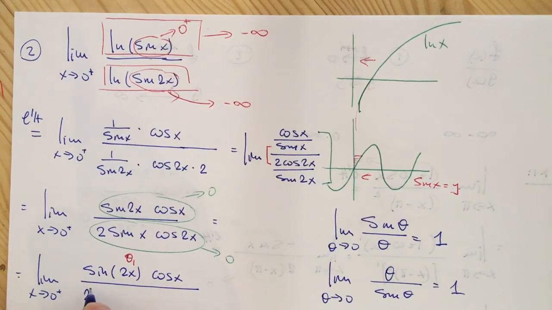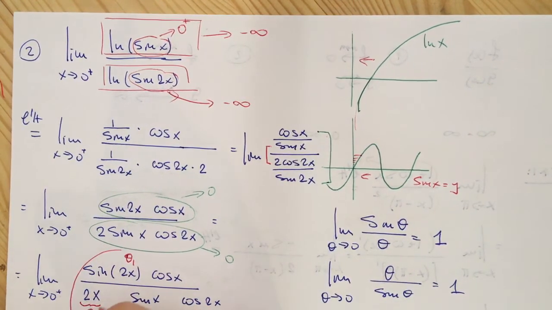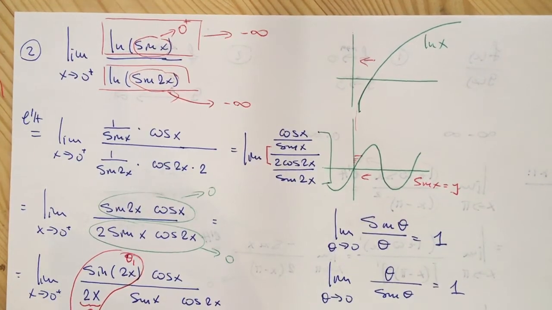So I already have 2 in the denominator, so I just multiply it by x, and here I have sine of x cosine of 2x. Okay, now look at this. Sine of 2x over 2x is sine of theta over theta, and theta goes to 0 as x goes to 0, so this ratio will go to 1.